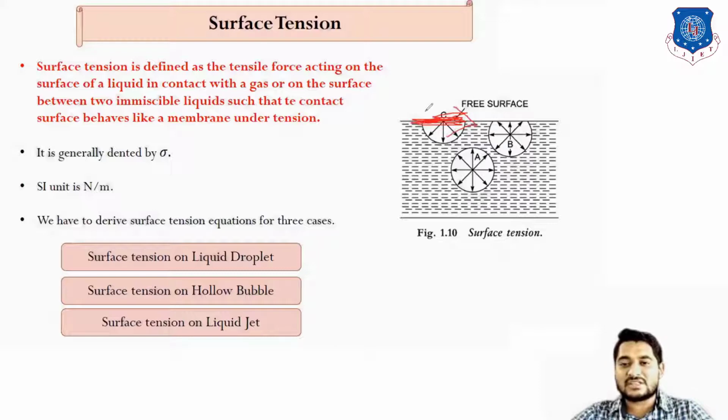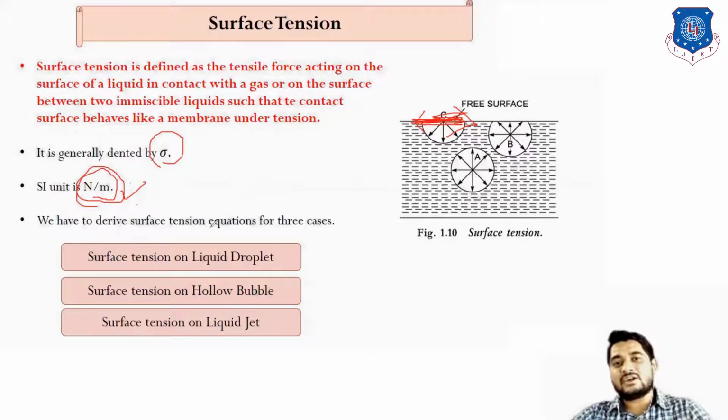Here one tensile force is acting, that is known as surface tension, because this bubble is separated from liquid to gases. It is generally denoted by sigma. The unit of surface tension is Newton per meter. We will derive the unit later on, but remember this unit of surface tension will be Newton per meter.